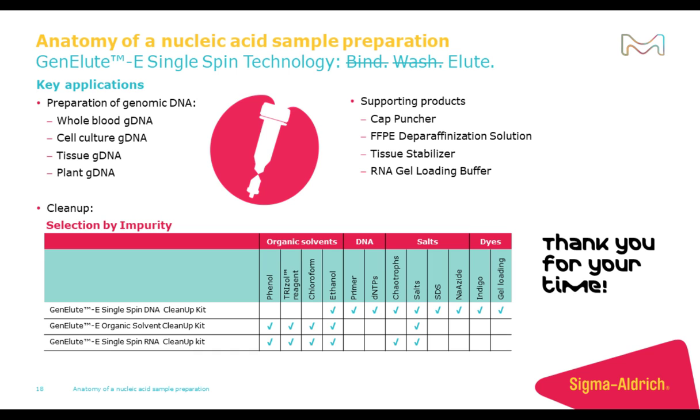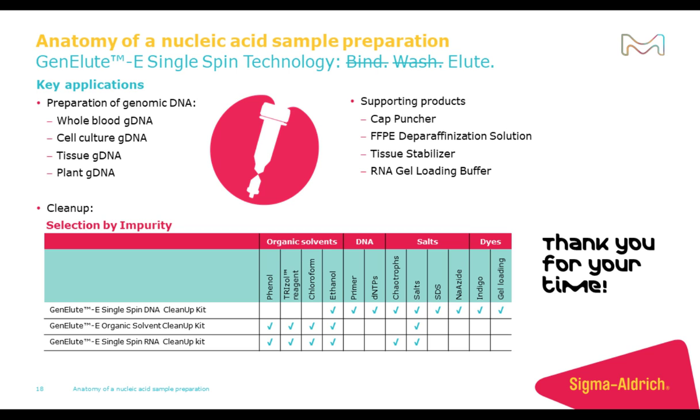Finally, there's these key applications that we are targeting with the initial launch of this product. It's being targeted initially for genomic DNA from sample types such as whole blood, cell culture, animal tissue, and plant tissue. We have supporting products as well, the cap puncher, some FFPE deparaffinization solution, which is also a safer solution since it's commonly used for xylene, which is very unsafe.